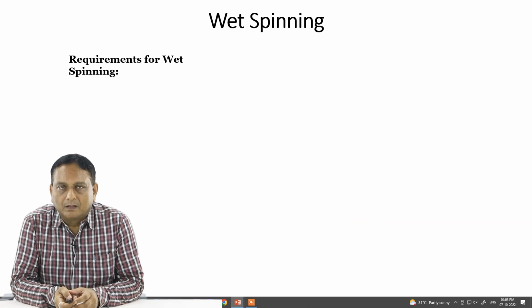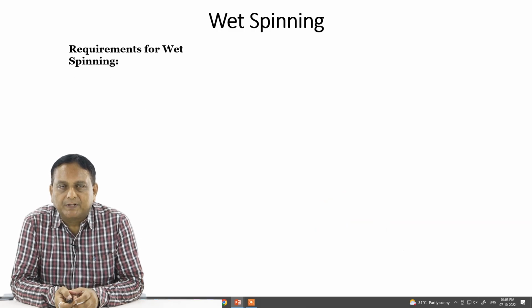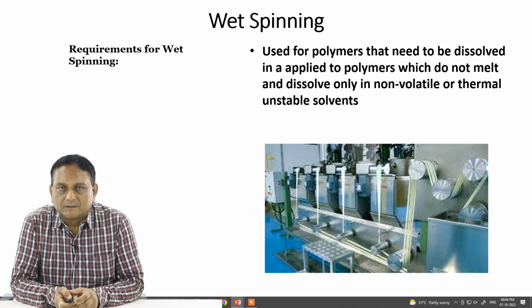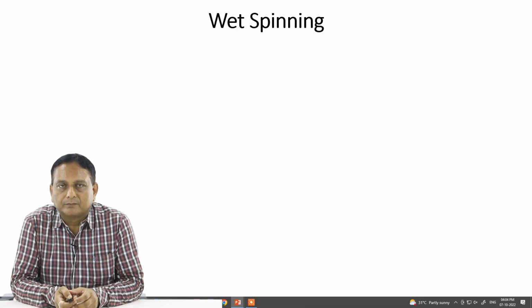Now, the requirements of the wet spinning process: it is used for polymers that do not melt and dissolve only in non-volatile or thermally unstable solvents. A closer view of the wet spinning process is shown here, and the requirements have been discussed.